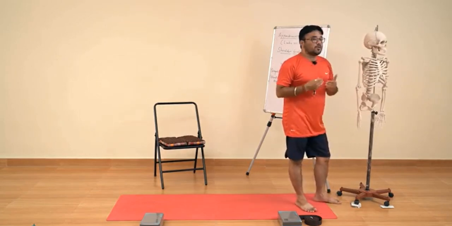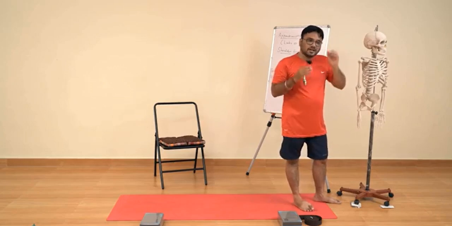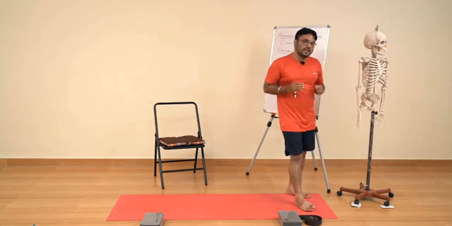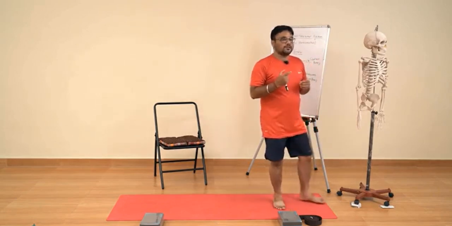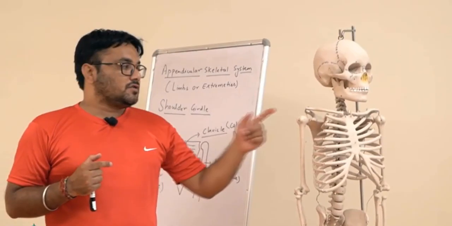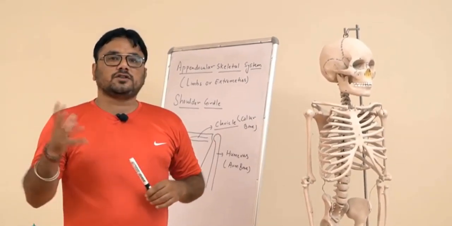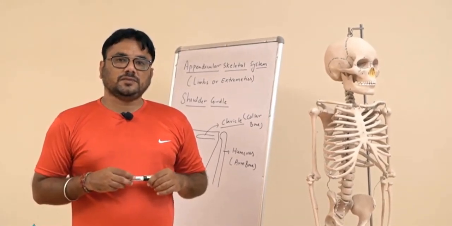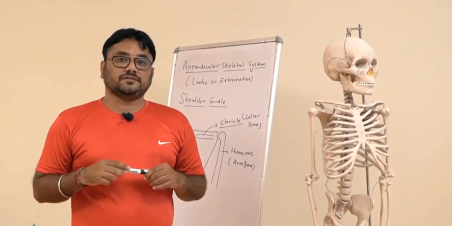Now the most important thing nowadays is shoulder immobility, due to lack of use of your shoulder joint. The shoulder joint is a ball and socket joint. It permits maximum mobility.